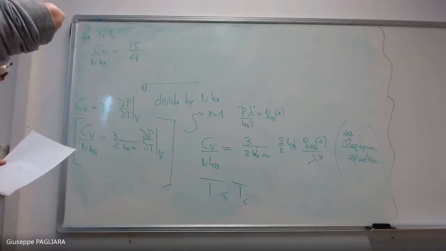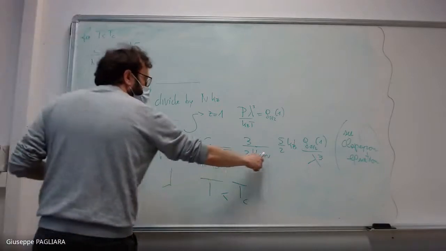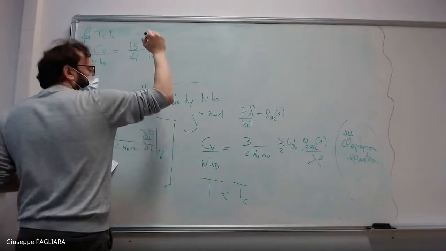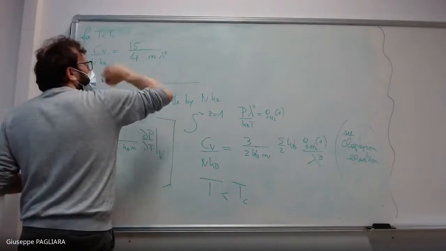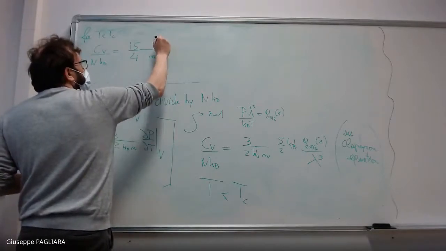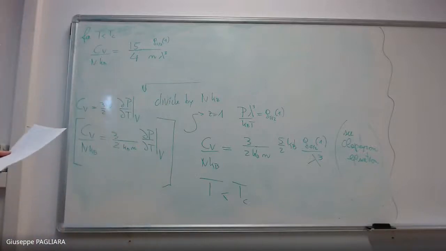Then I have g 5/2 of 1 divided by lambda cubed, and then I have a density here, lambda cubed, and the g 5/2 of 1.